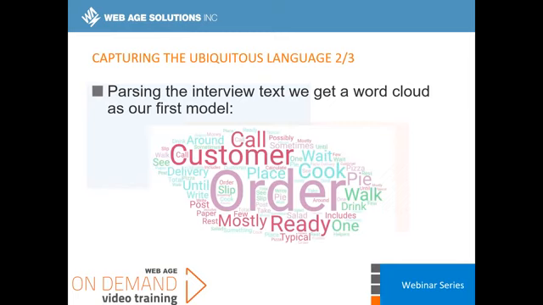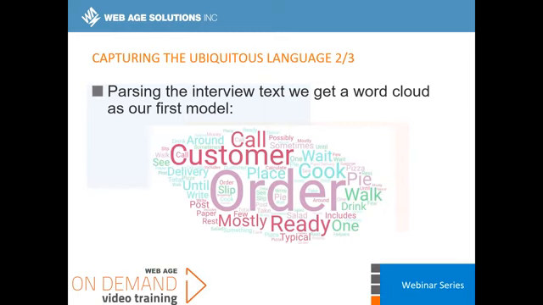So the first thing is we get this notion of a word cloud, and literally putting it into a word cloud generator makes the things that are most often repeated or most often stated show up in larger fonts than other things, and so there's some notion of salad's not really important, but order seems to be pretty important, and customer seems to be pretty important, right?